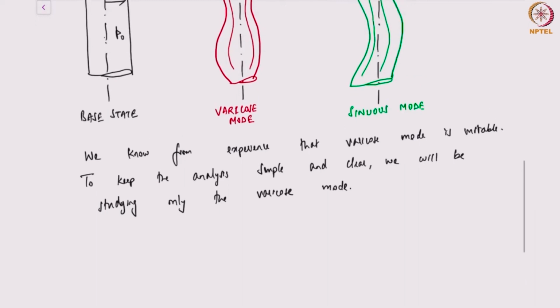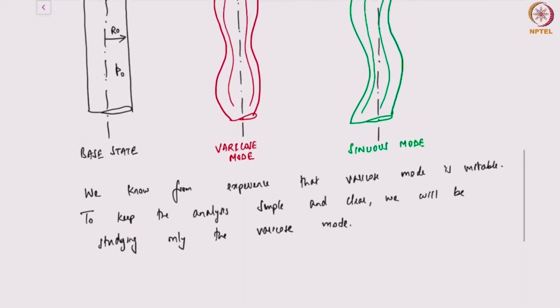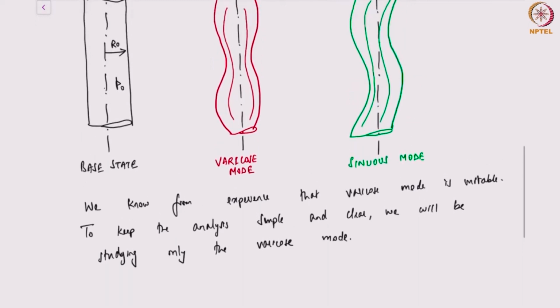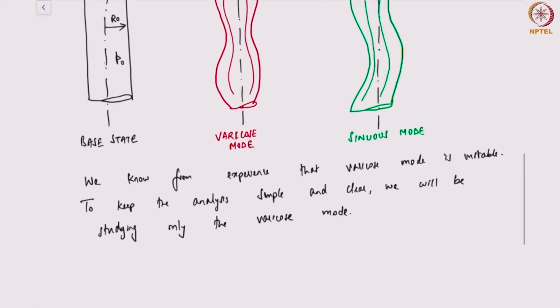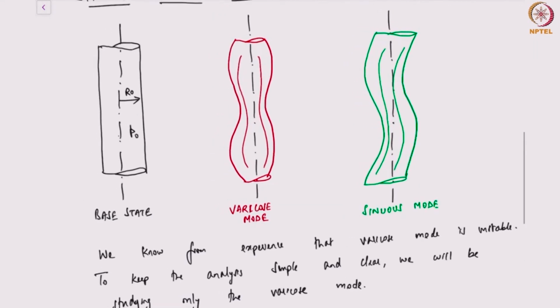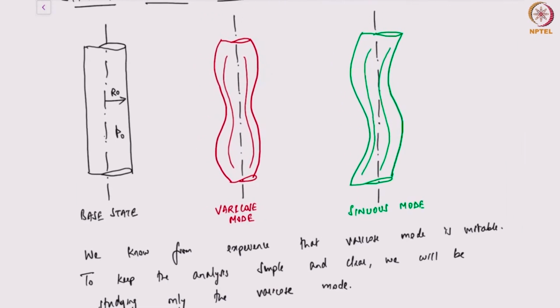So how do we basically set up the perturbation? If I think about this at any arbitrary location, the radius is deviating from its constant value. For this, I need to first define the coordinate system. I will define my coordinate system in the original undisturbed base state so that my drawings are clear.